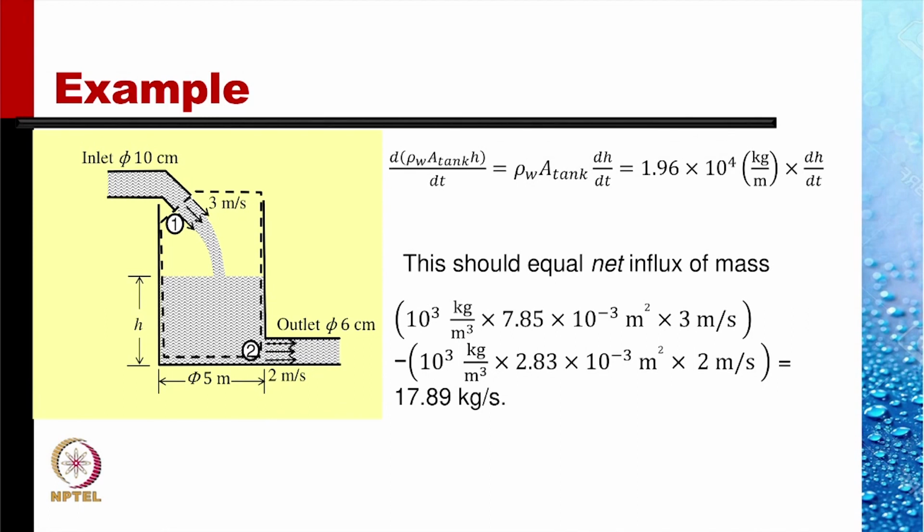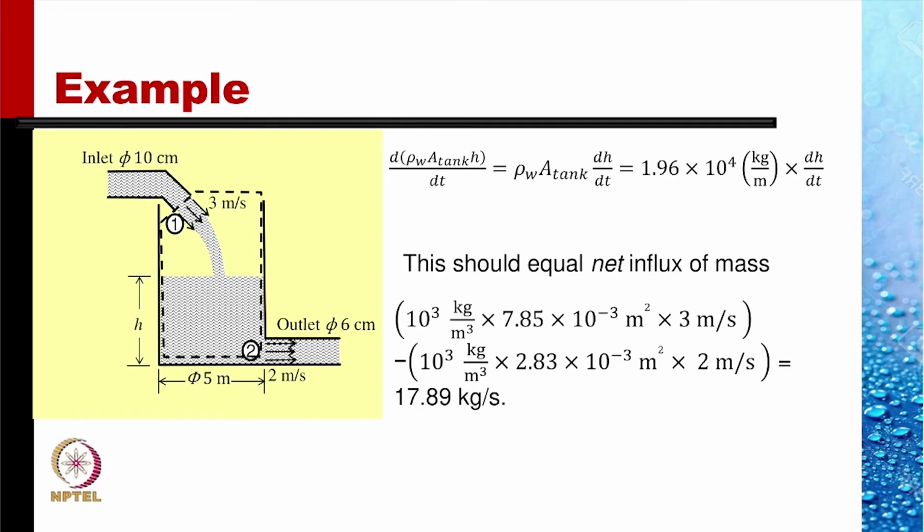At 1, the density into the area, 10 centimeter diameter pipe translates to 7.85 into 10 to the power minus 3 meter square into velocity, which is 3 meters per second, minus the efflux at 2, which is density times the area, 6 centimeter diameter, times the velocity, which is 2 meters per second there.